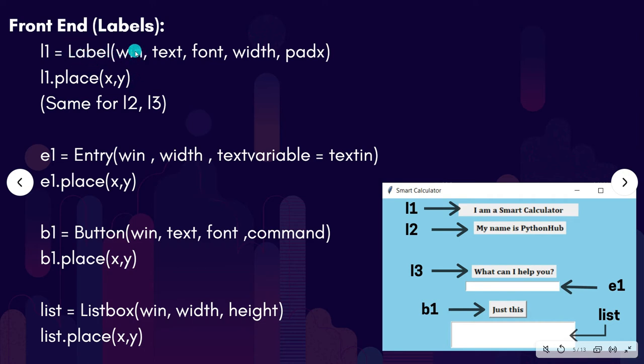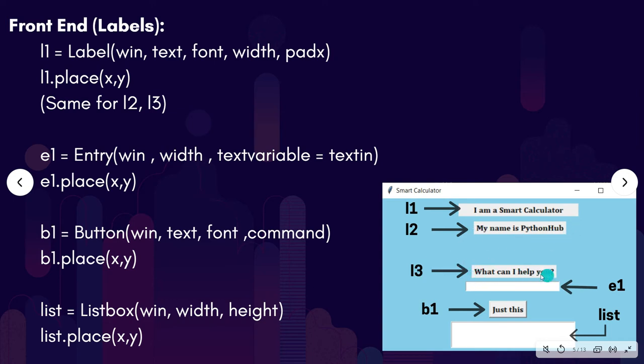Then we will pass the window, the text which we want to display here, which is I am a smart calculator in this case. Then we will give font styling, width, and then we will add some padding on the x-axis. And then we will place this label by giving the x and y position. And then the same goes for label 2 and label 3, which are my name is Python Hub, and what can I help you with.